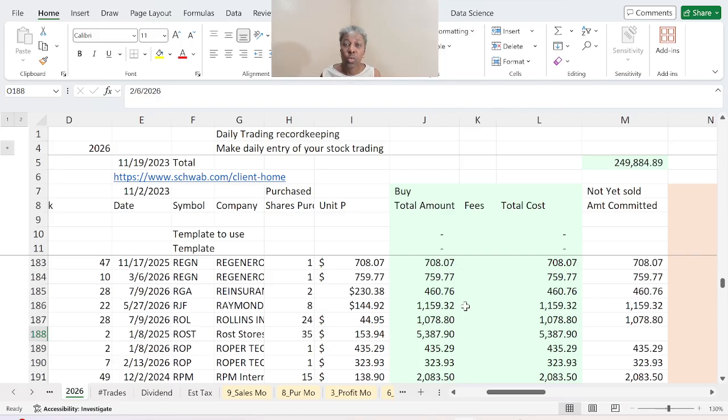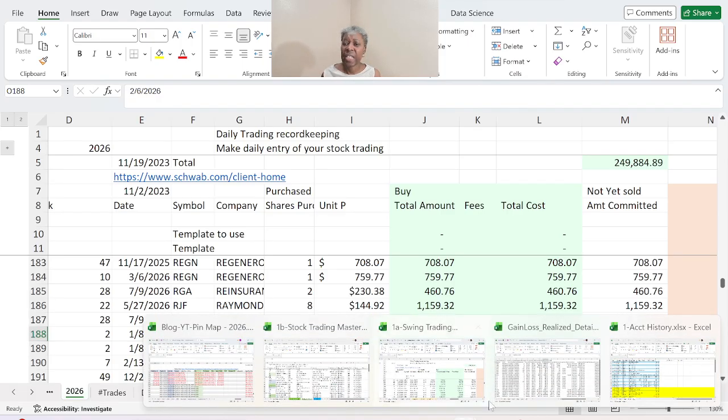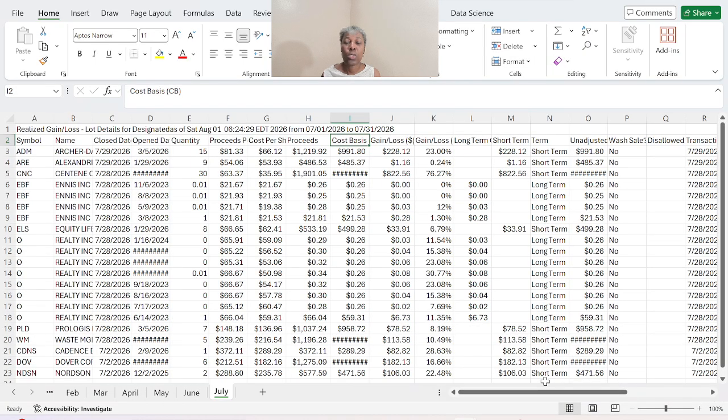You can track those. And if your brokerage firm provides you regular realized gain and loss sheets, you can pull those as well. You'll find your cost basis there too.